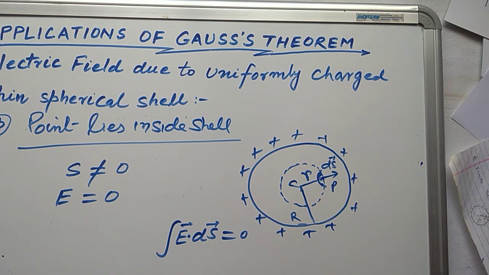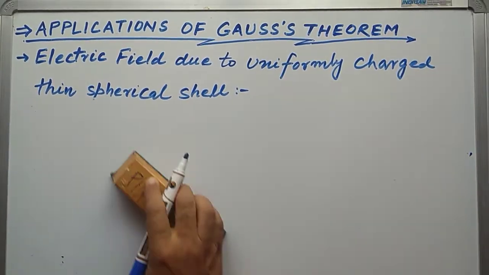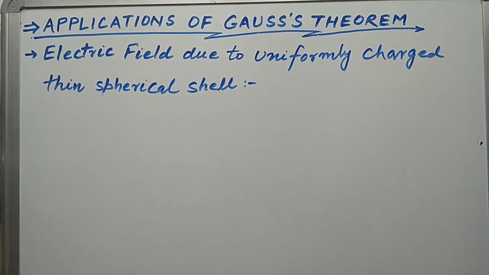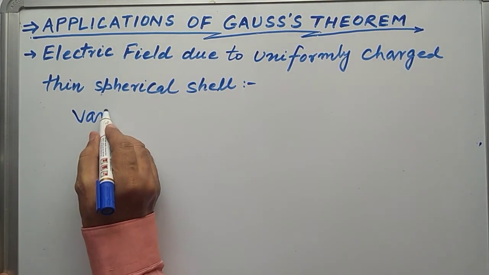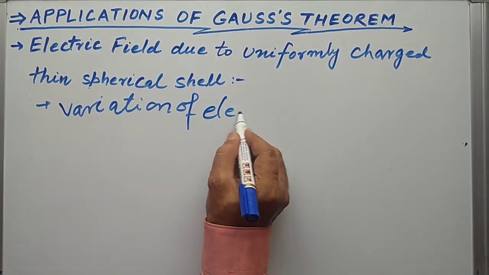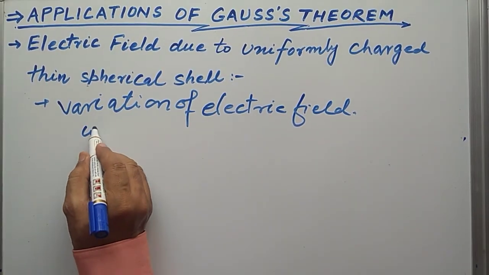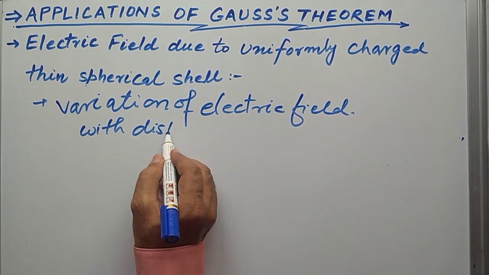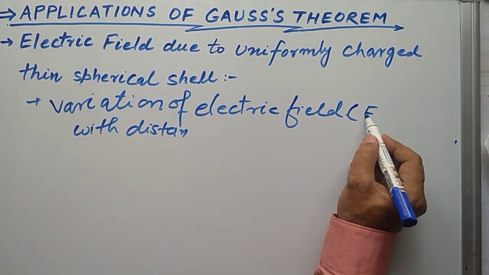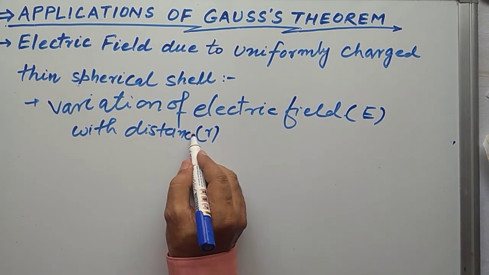Now we will check how the electric field varies with the distance of the point of observation, electric field E with distance R.